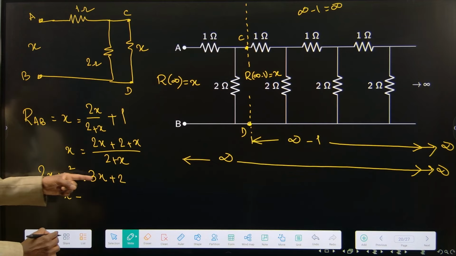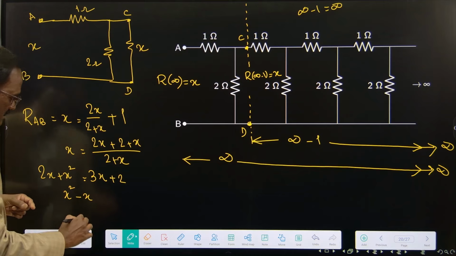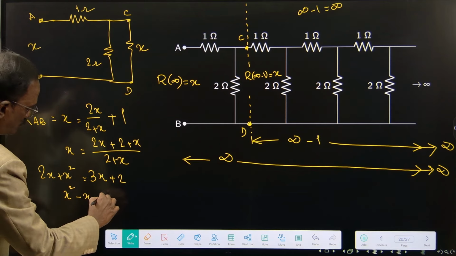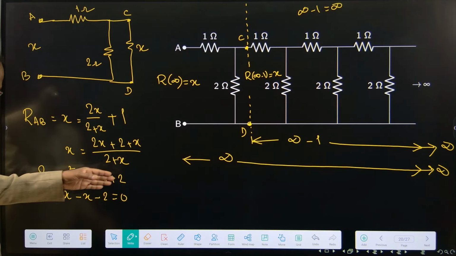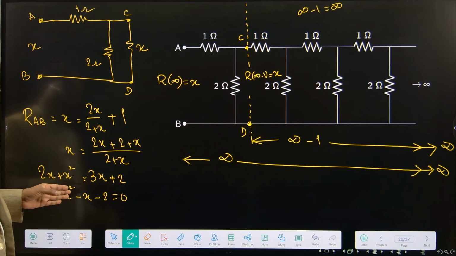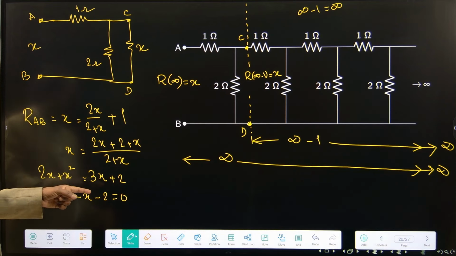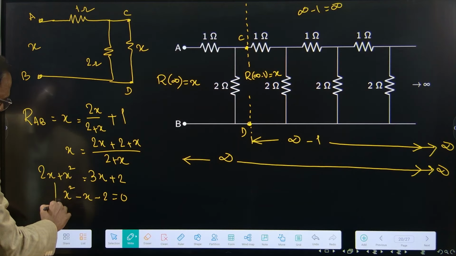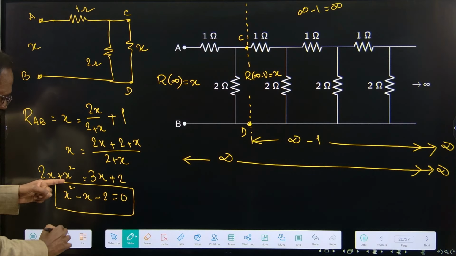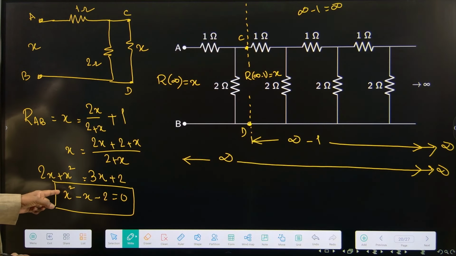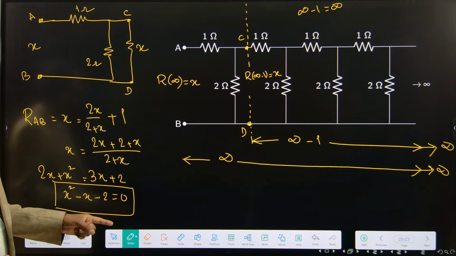So x square, 3x comes to the left-hand side, minus 2 is equal to 0. Taking the 2 to the left-hand side too, x square minus x minus 2 is equal to 0. This is a quadratic equation: power 2, power 1, constant, ax square plus bx plus c is equal to 0.